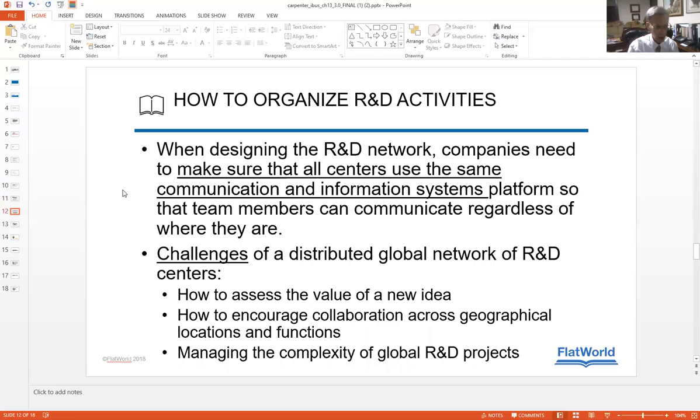So how do we organize research and development activities?